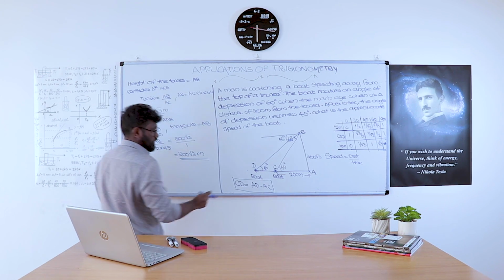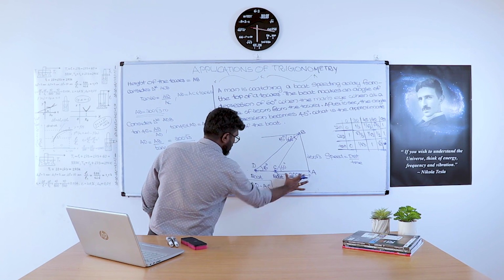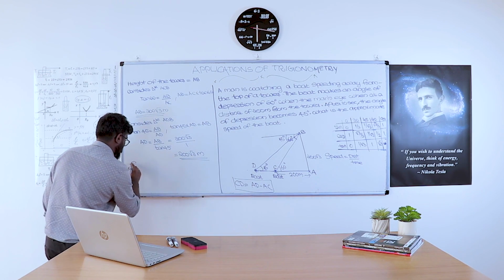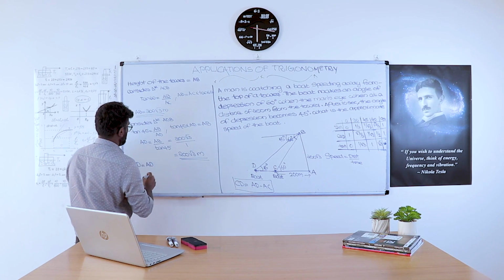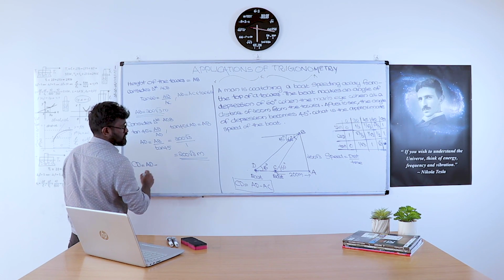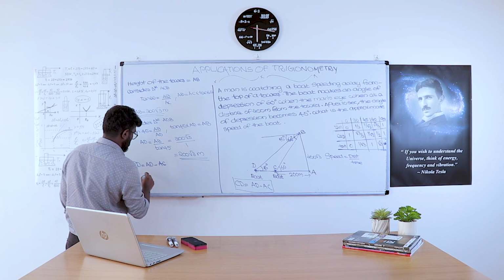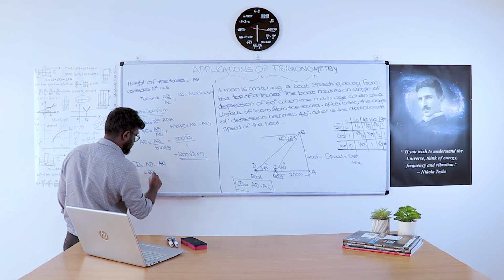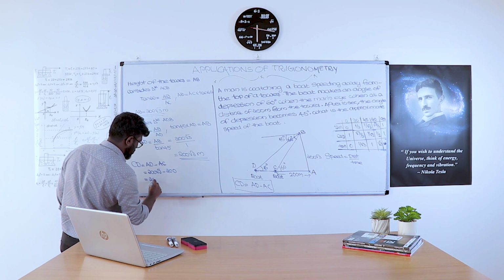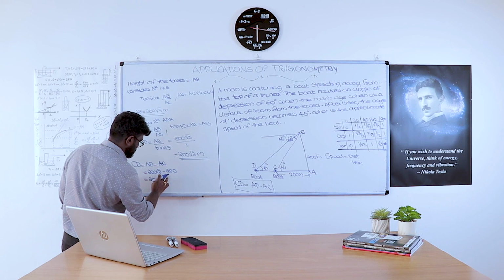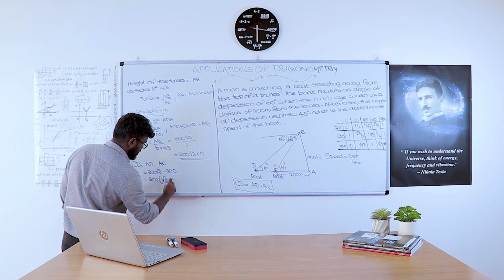So AD is 200 root 3, AC is 200. What is CD? CD equal AD minus AC, that is 200 root 3 minus 200. 200 is common, so 200 into root 3 minus 1.